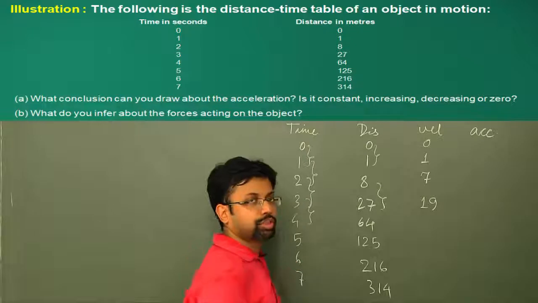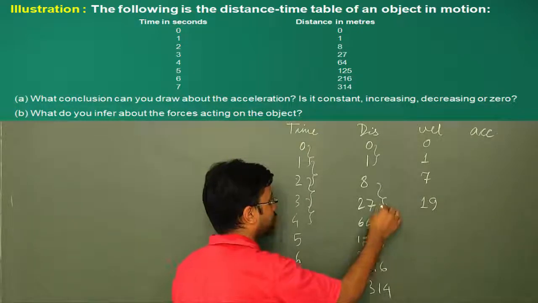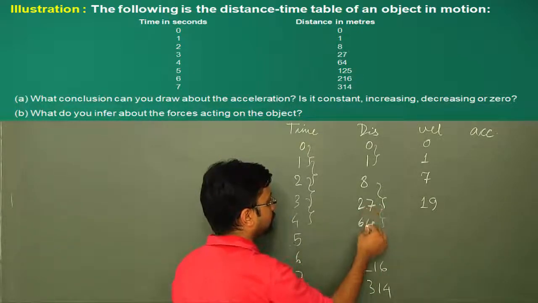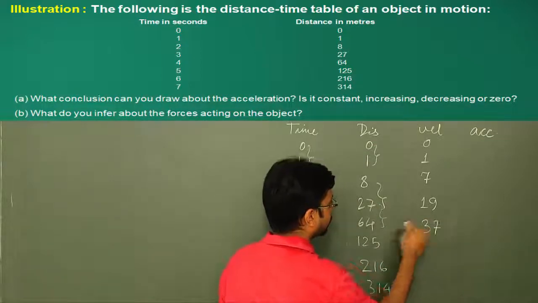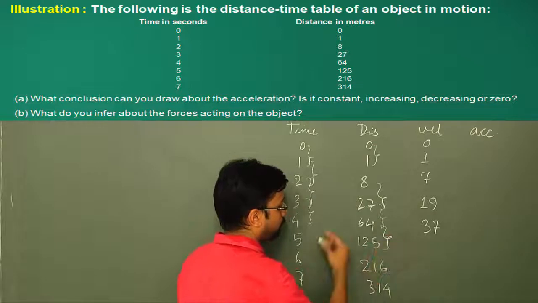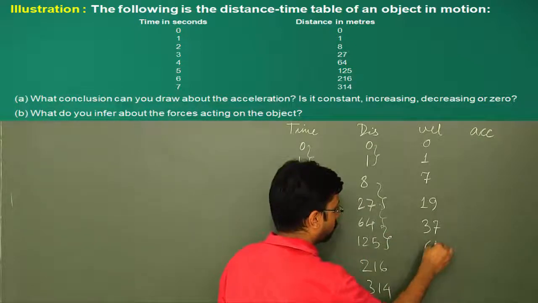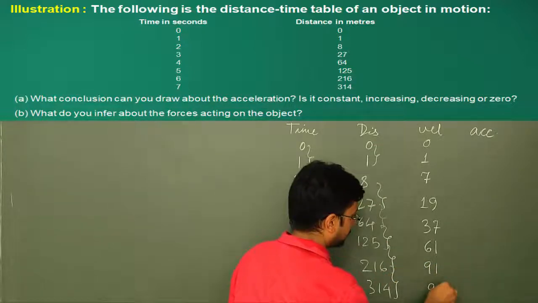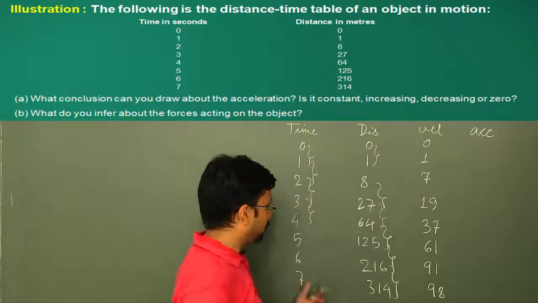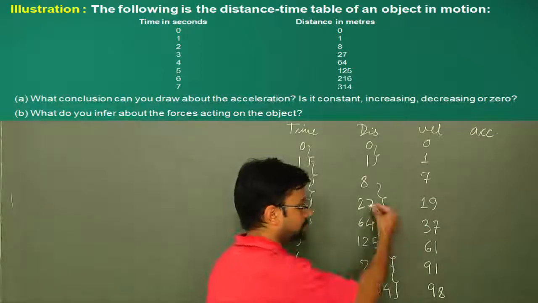For the duration 3 to 4 seconds, what is the velocity? It's going to be the difference of 64 minus 27, which is 37. Similarly, if you go on doing it, here you have 61, you have 91, and here you have 98. So this is the velocity for each of the intervening seconds.